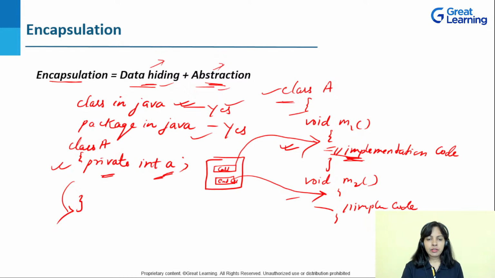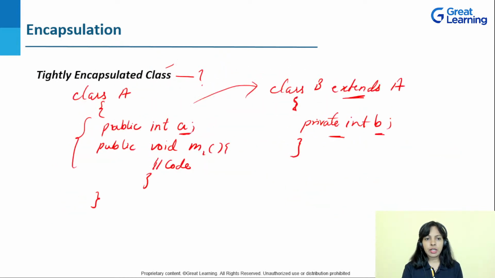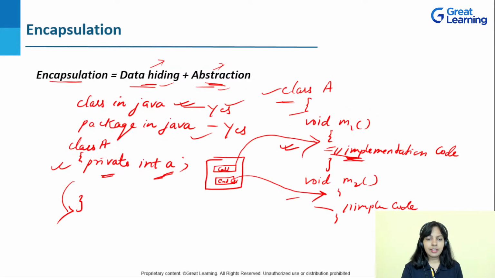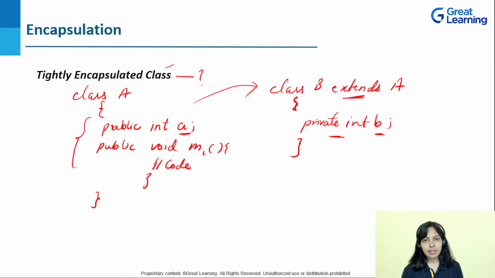Because for data hiding, we use the private access specifier, the private keyword, and that's what I'm talking about in a tightly encapsulated class as well, right?